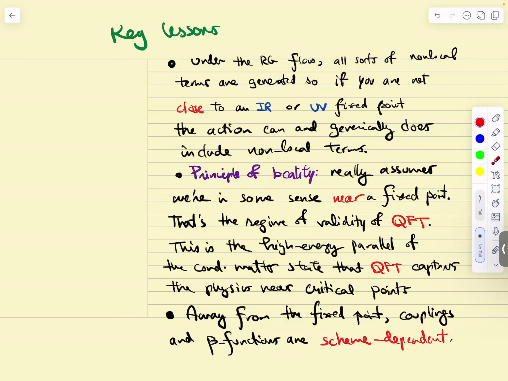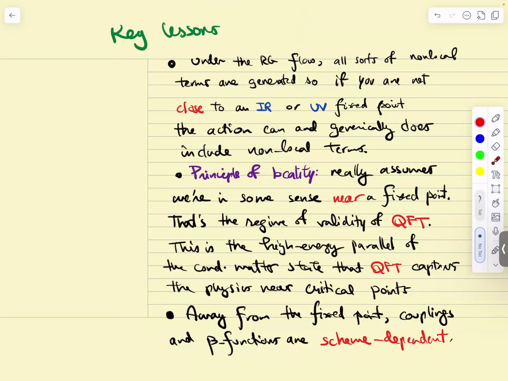In QFT1, I spoke about the principle of locality. It assumes that you write down an action. This is Landau's principle: an order by order expansion in phi and a derivative expansion.